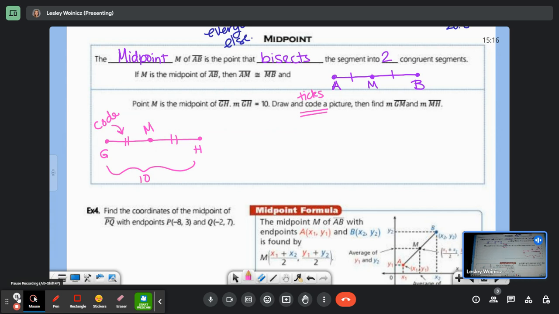Okay, so now we need to find the measure of GM and MH. So the measure of segment GM is what? Equal to the measure of MH. What do they both have to be? 5.